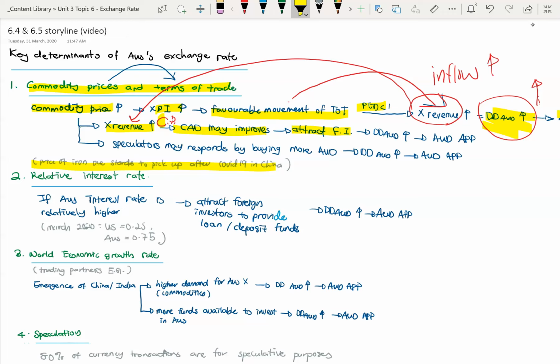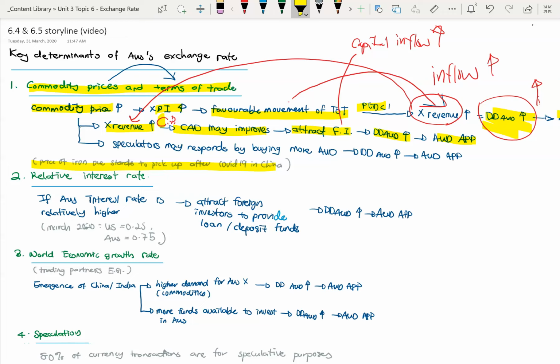Their confidence level will be higher because your deficit is smaller and you are externally more stable. So they will be more attracted to invest, demand for Australian dollar would rise and Australian dollar would appreciate. Foreign investment rises here. This is capital inflow. More inflow, more demand.